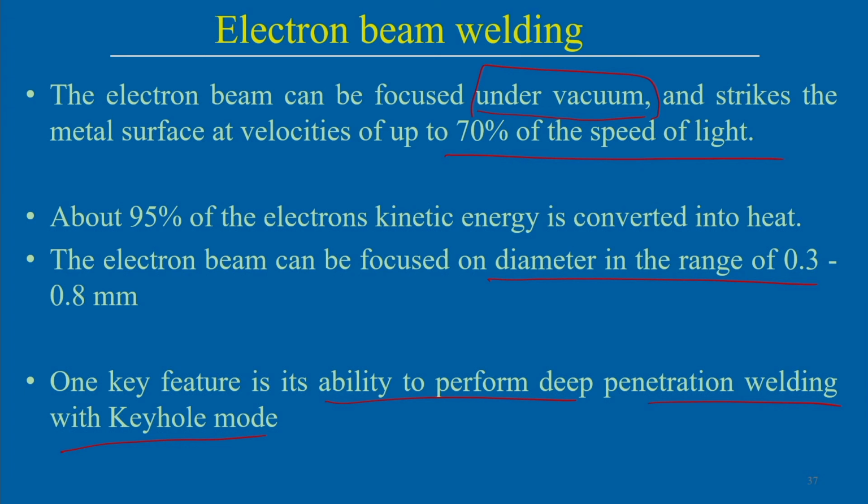That is why these advantages are always there in electron beam welding. That is why electron beam welding is normally performed for very high precision, high cost materials. In those cases electron beam joining can be done, because the cost of welding is very high in electron beam welding as compared to laser welding, and even more so as compared to arc welding processes.